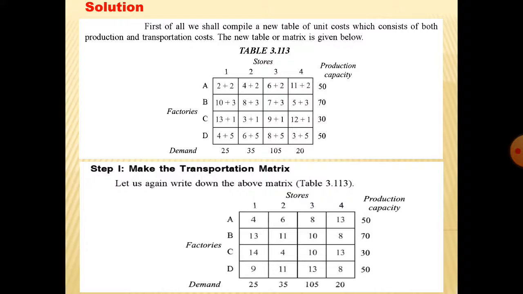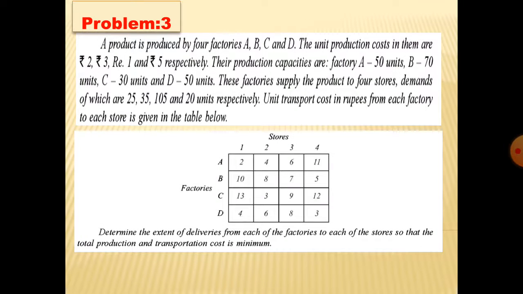First, we complete the new table. Ensure the unit cost consists of both production and transportation cost. For the new table of the matrix, we have to add all the unit production costs, which are 2, 3, 1, 5 respectively.